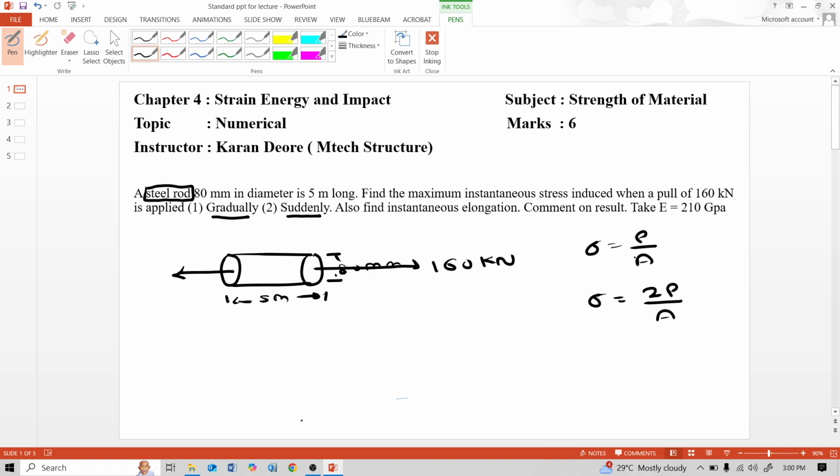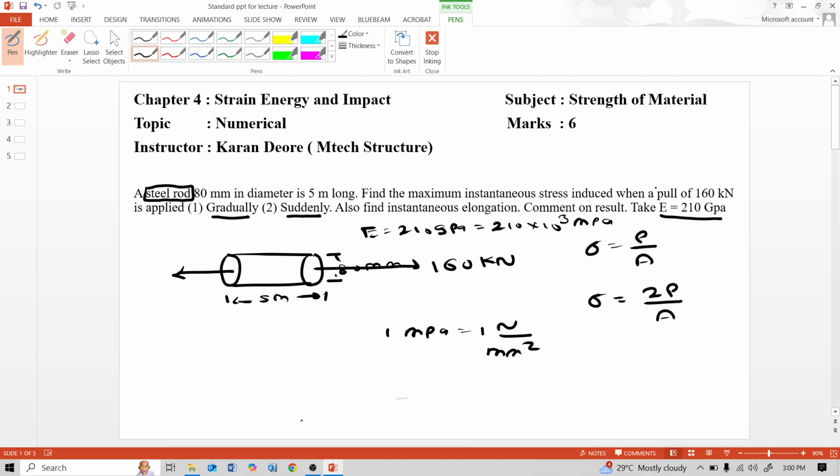This modulus of elasticity E is a physical property of the material. E is equal to 210 GPa, and we convert this into MPa because we require units in Newton per mm square. 1 MPa is 1 Newton per mm square.